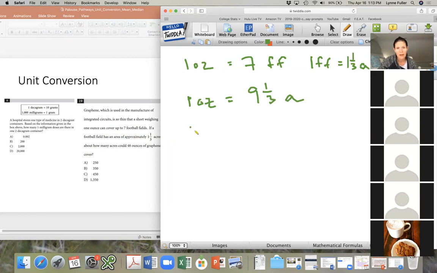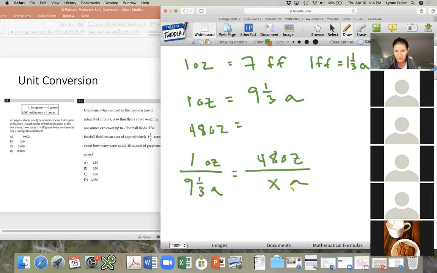And they want to know, well, what does 48 ounces cover? So if you're noticing here, this is a proportion now that we've done our first unit conversion, right? So 1 ounce is to 9 1/3 acres, as 48 ounces is to X acres.